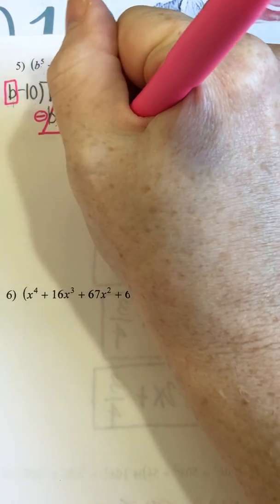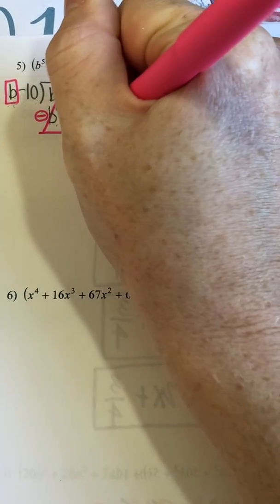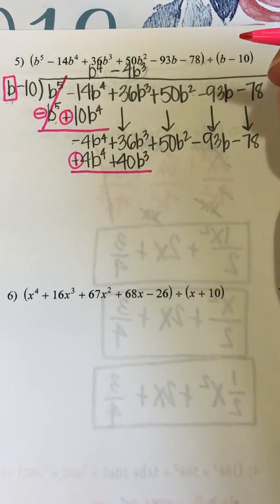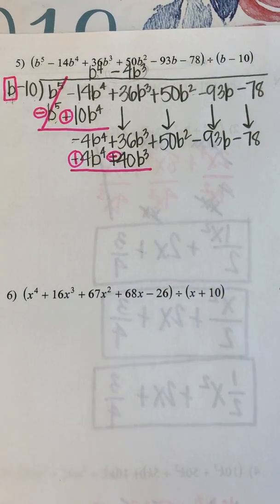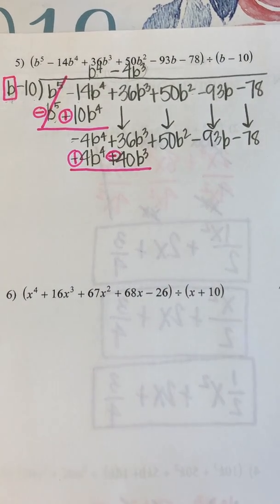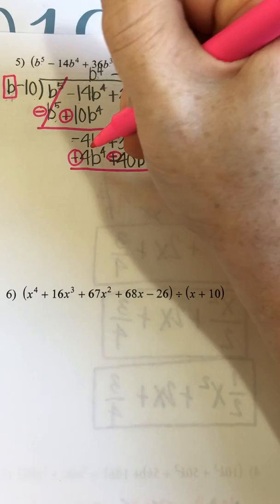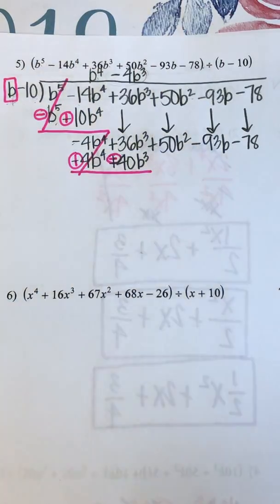Now I'm going to come through and I'm going to subtract. Anything that was negative becomes positive, and anything that was positive is now negative. So these are opposites and they cancel each other out.